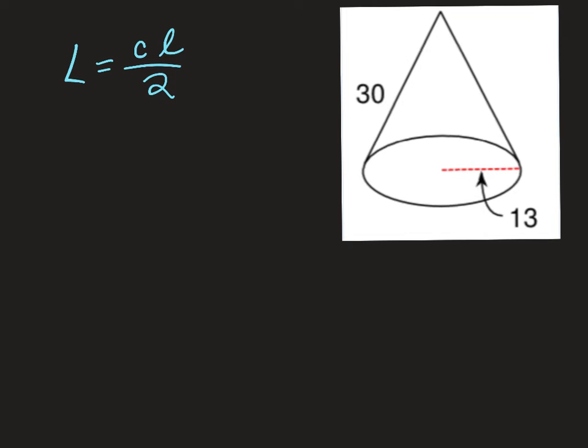So 30 is your lateral. Or, well, 30 is your slant height. Is that what L is? Yeah, the lowercase l. And that's our radius. So how do we find circumference?